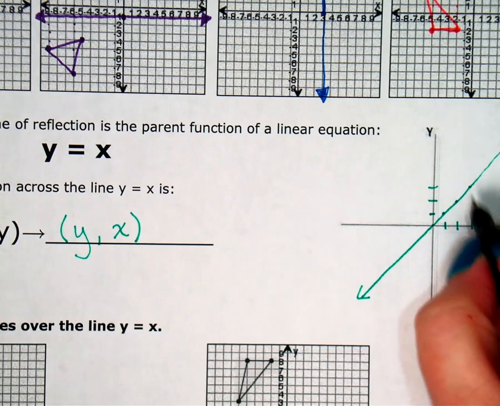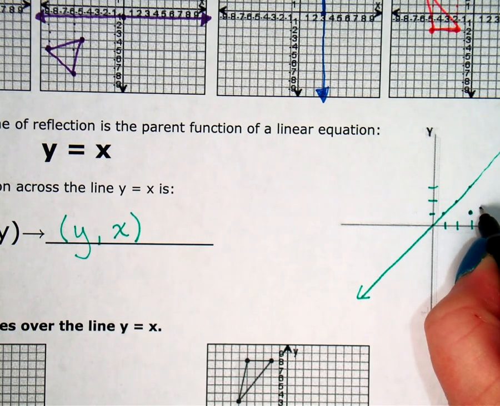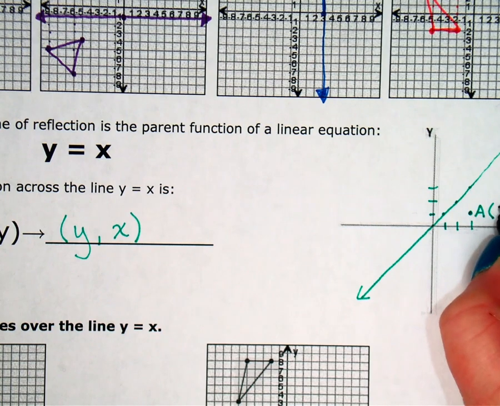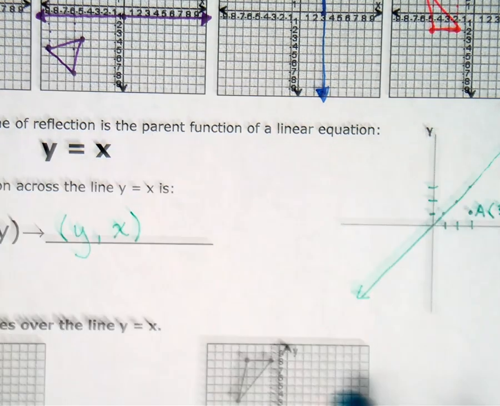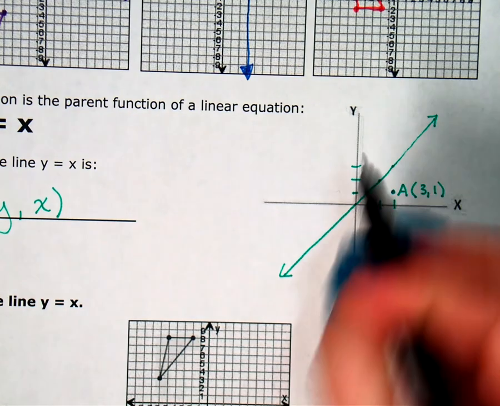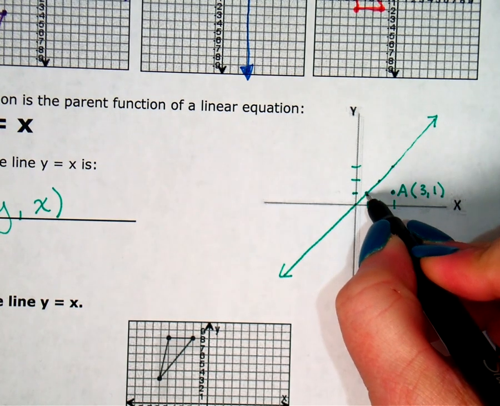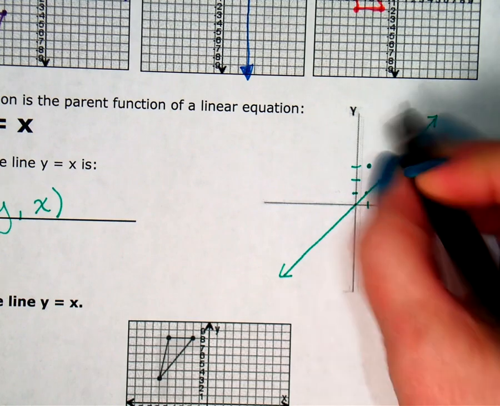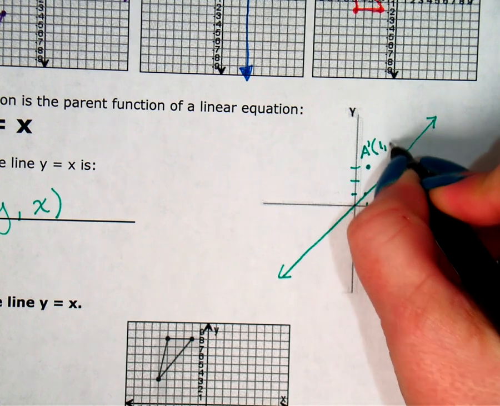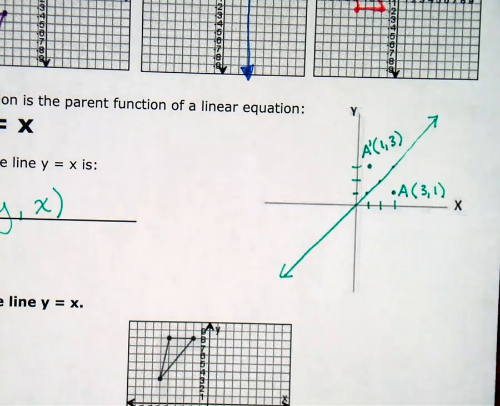So let's say you have this point right here as your image, A, and it's the point (3, 1). You're just going to switch those two values. So instead of (3, 1), you're going to have (1, 3). A prime would be the point (1, 3). You just switch those x and y values.